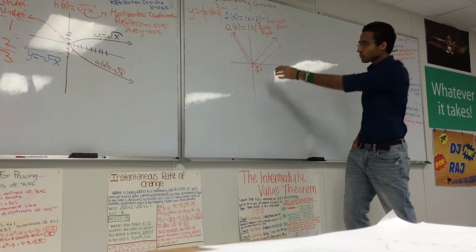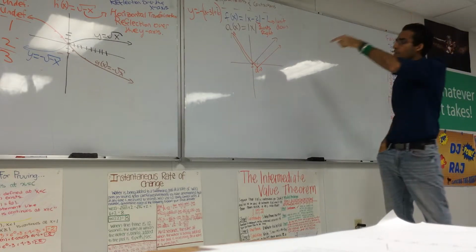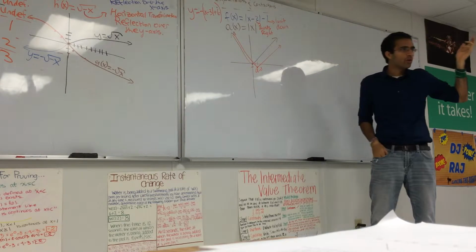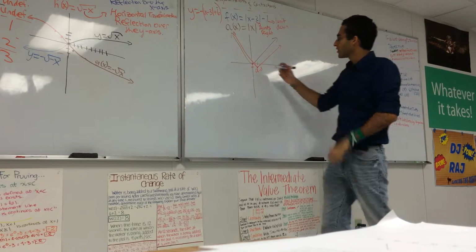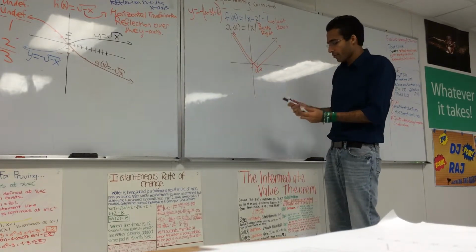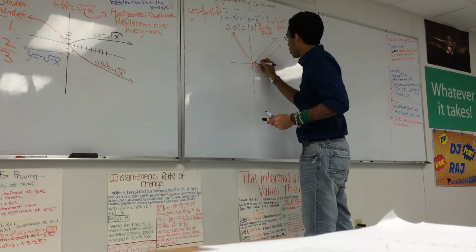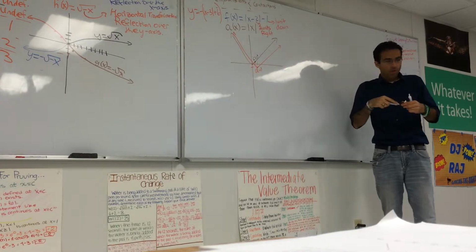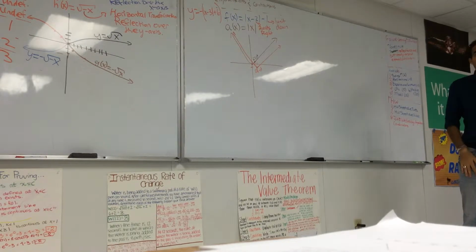Okay, here we go. What I could also do, folks, is pick a couple other points on the orange graph, just so I know where they are. If there is a point on the brown graph called 1 comma 1, remember, the brown graph is just the original absolute value.